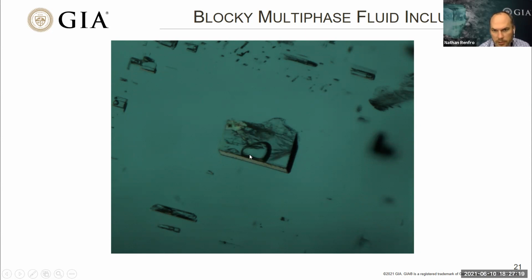There's usually a contraction bubble, probably carbon dioxide, and then a water component. So these are typically pretty complex, three-phase inclusions, but you may only see two phases. The solids are sometimes very difficult to see, but this is a pretty typical inclusion that you would get in these schist-hosted deposits.